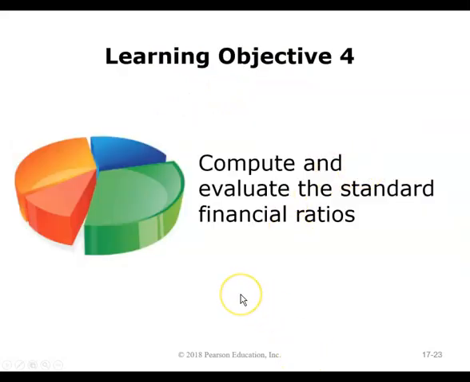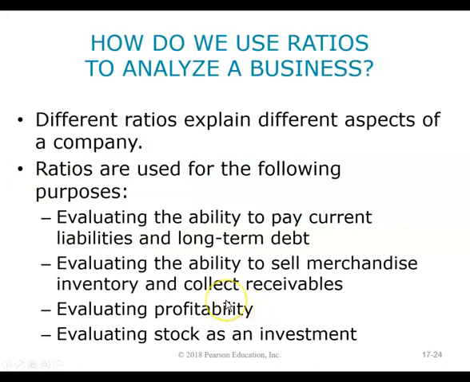All right, so next we're going to learn how to compute and evaluate the standard financial ratios, the most popular ones. So we have different ratios that are going to tell us different bits of information. Ratios are usually used, these are some examples, to evaluate the ability to pay current liabilities and long-term debt. That's important. We need to be able to pay our vendors what we owe them, and we need to pay off any long-term debt on time.